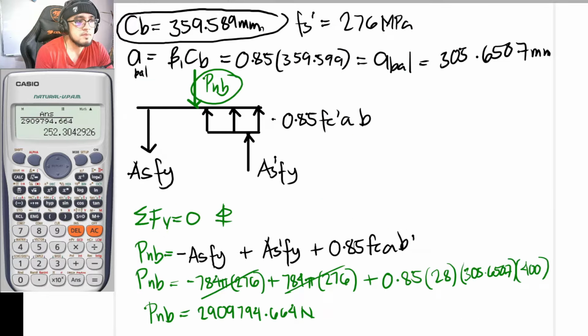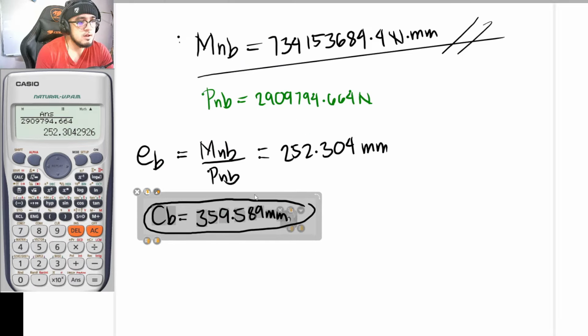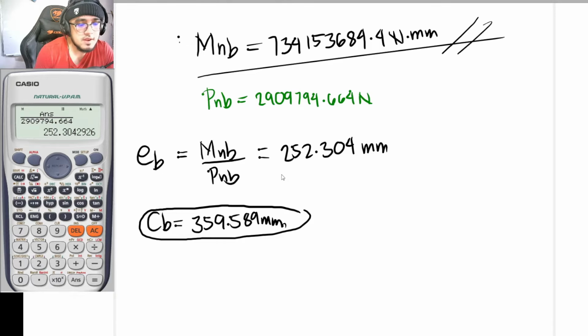Okay, so with that, if our c_b once again, I would just be copying this. So for our c_b, if our c_b is to be 359.589, it means that our assumption should be less than 359. So there.